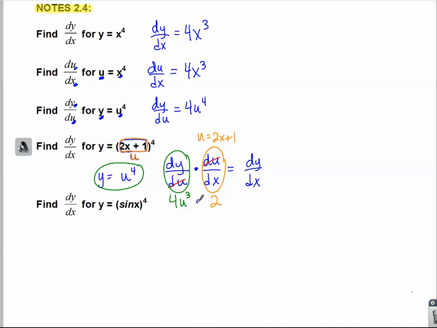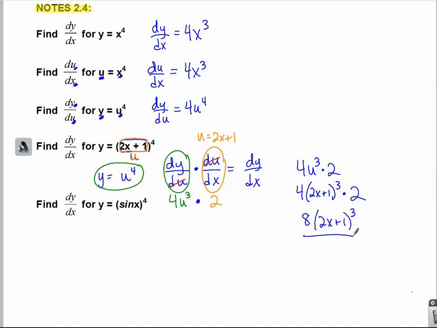Put those things together, I'm multiplying the derivative of the outer function times the derivative of the inner function. But what did we say u really represents? It is 2x plus 1. So altogether, this is 4u cubed times 2, or 4 times (2x plus 1) cubed times 2. Sure, we can simplify that to 8 times (2x plus 1) cubed.